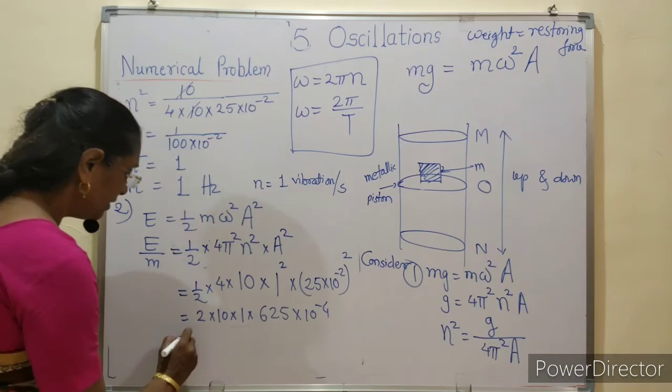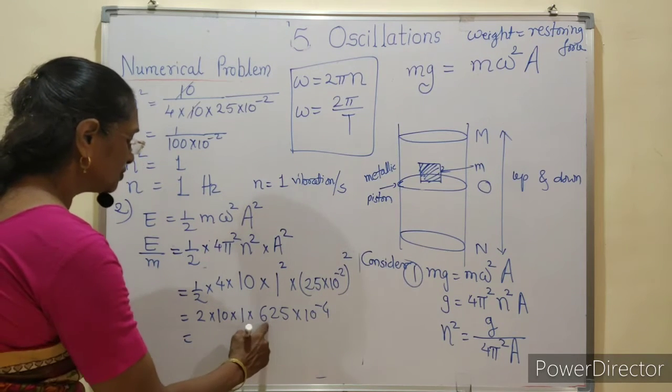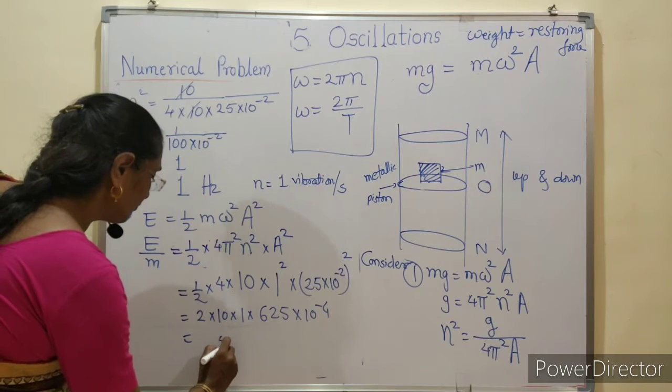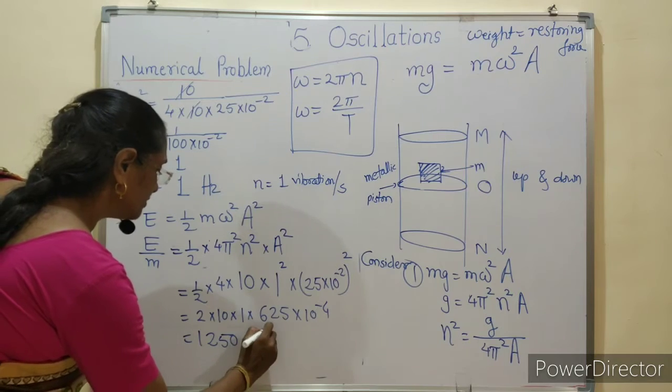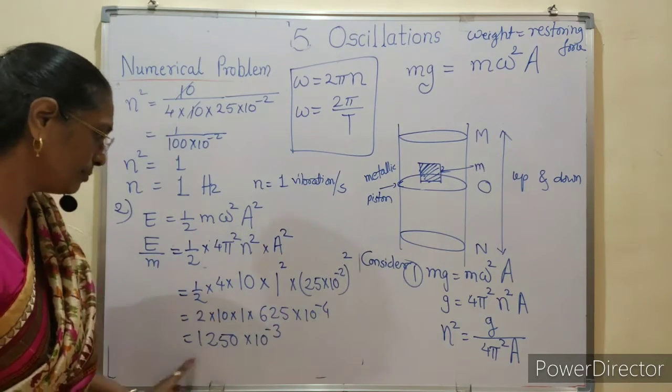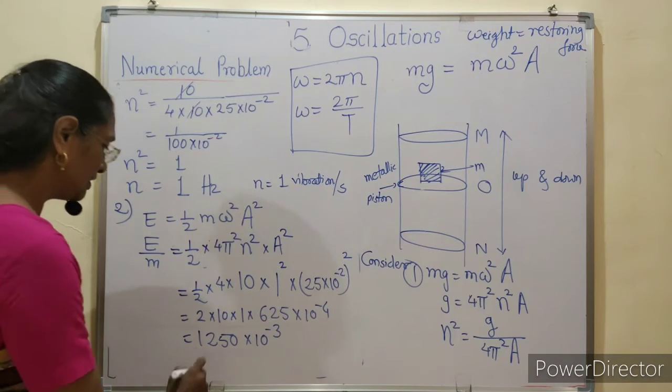So what can we get here? 625 into 2 is 1250, into 10 raised to minus 3. 10 into 10 raised to minus 4 can be adjusted like this.